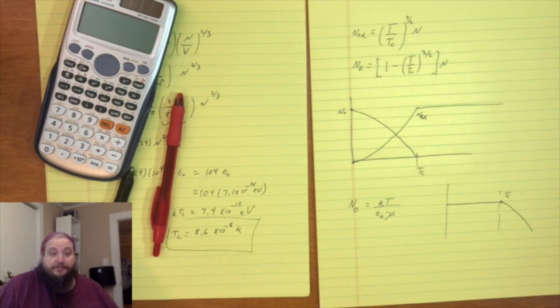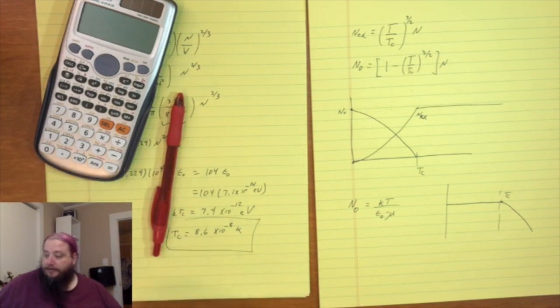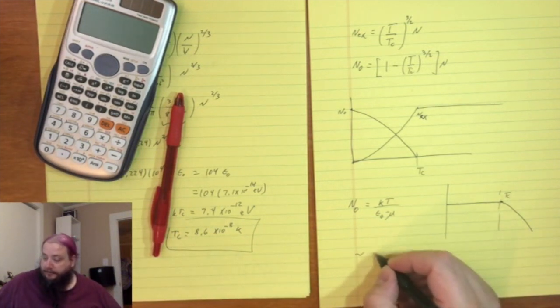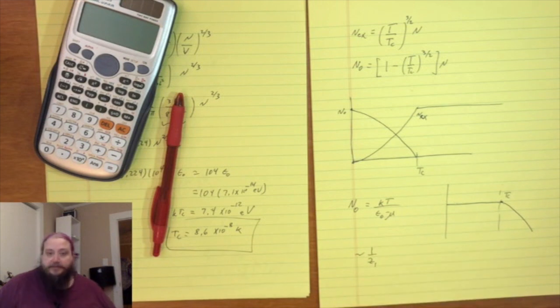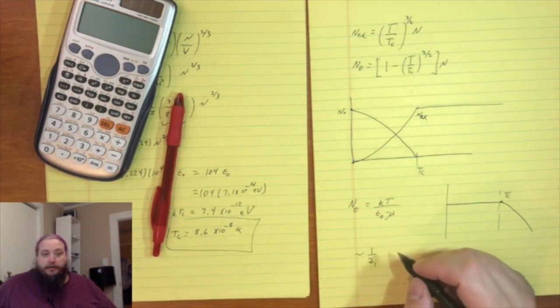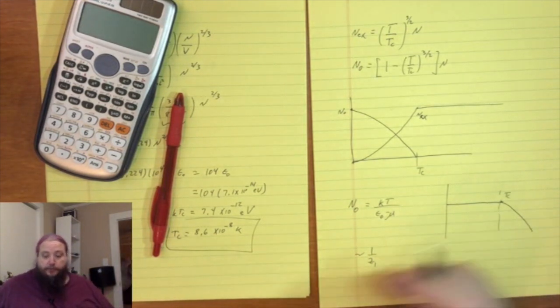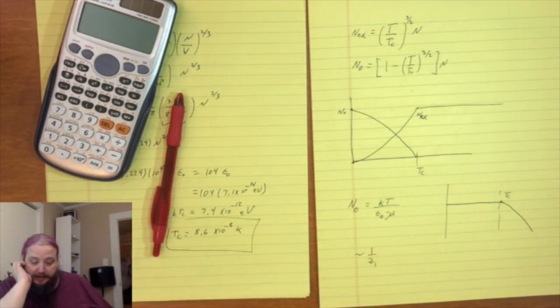The number of states available is large, roughly the single particle partition function, and so the likelihood of being in the ground state is very small, something like 1 over the single particle partition function. So those individual particles wouldn't show up in a Bose-Einstein distribution.